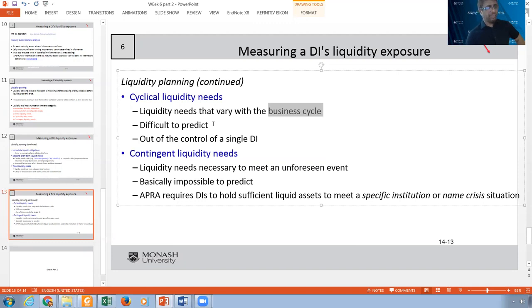It needs too much analysis to do. And then the contingent is even more difficult, with liquidity needs necessary to meet unforeseen events. It is basically impossible to predict this type. So APRA, for example, which is the central bank in Australia, requires the deposit institutions to hold sufficient liquid assets to meet specific institution or some type of crisis.